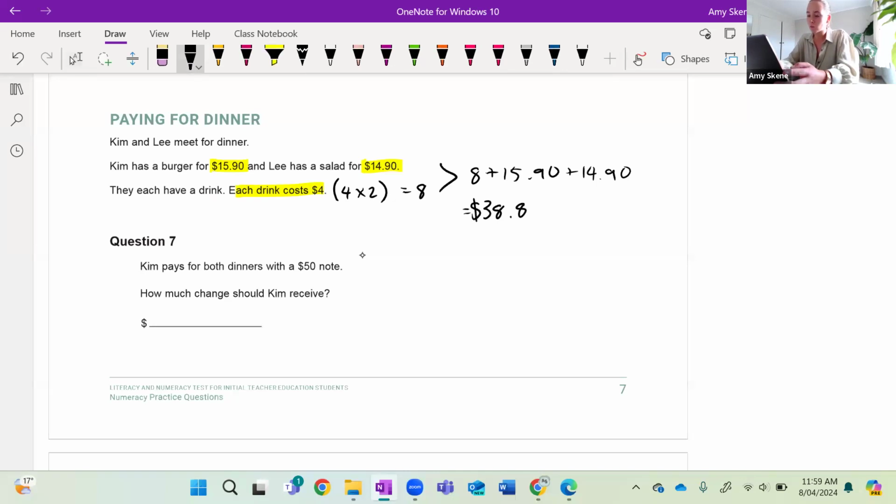Now she pays with a $50 note. So if you're paying with a $50 note and your dinner costs $38.80, I'm going to do subtraction like this. Just put it in the calculator and you'll have your answer of $11.20.